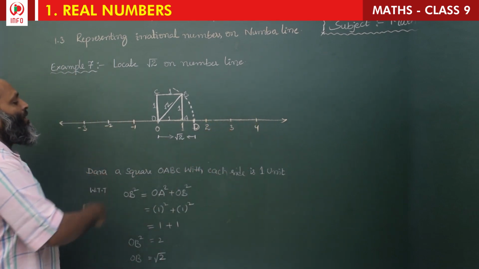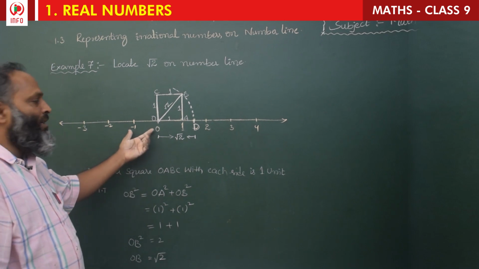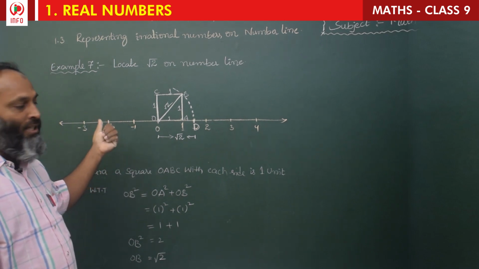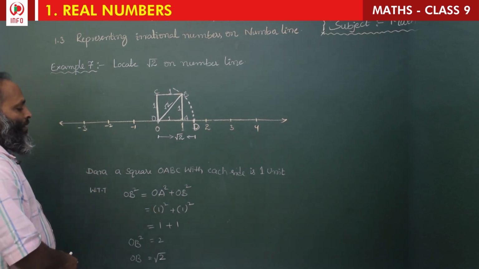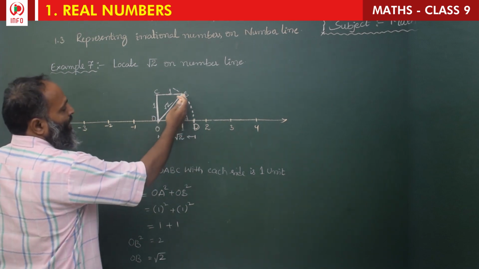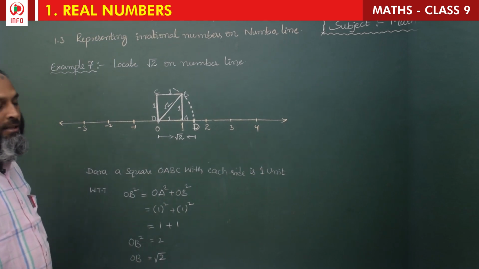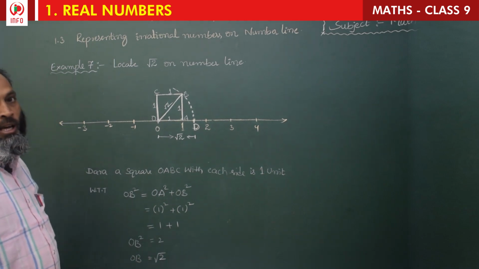And the same on the left side: 0 to minus 1 is 1 centimeter, minus 1 to minus 2, minus 2 to minus 3 is 1 centimeter. Then OABC is a square of 1 centimeter side.